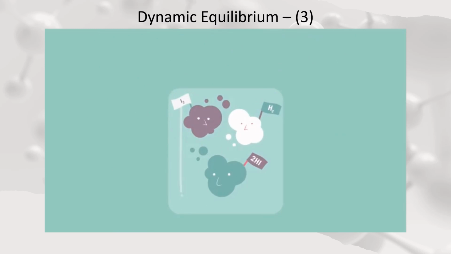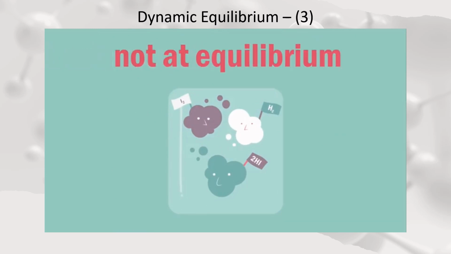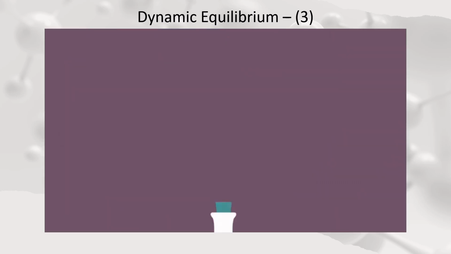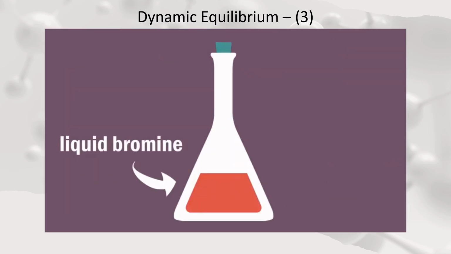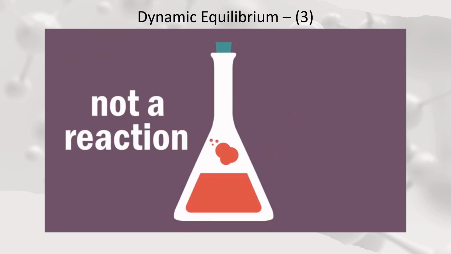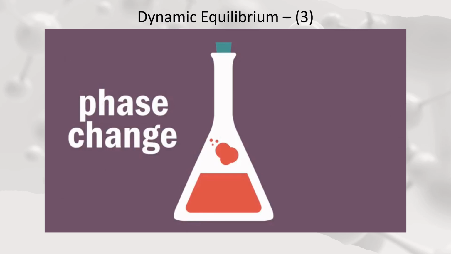If the lid was removed, the system is no longer at equilibrium as the reactants and products, or matter, would be able to escape the system. Liquid bromine equilibrates to form gaseous bromine at room temperature. Remember that this is not a reaction, but rather a phase change.